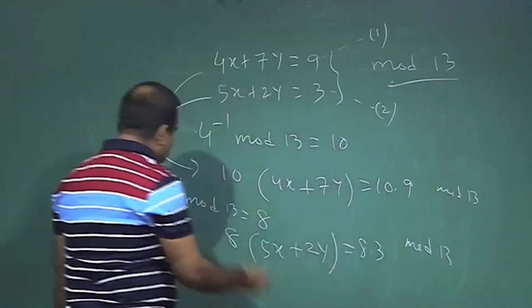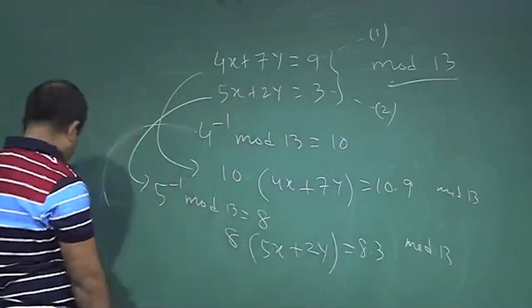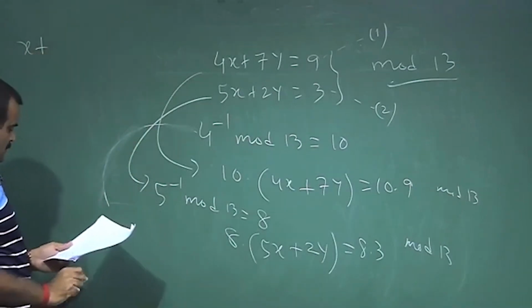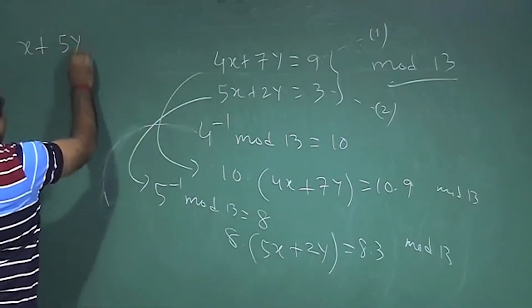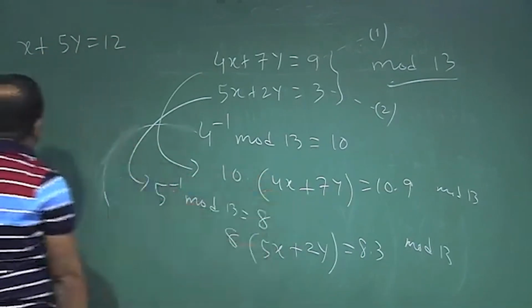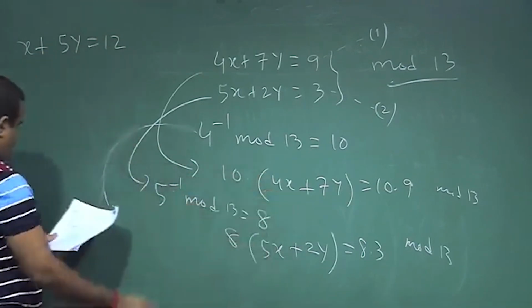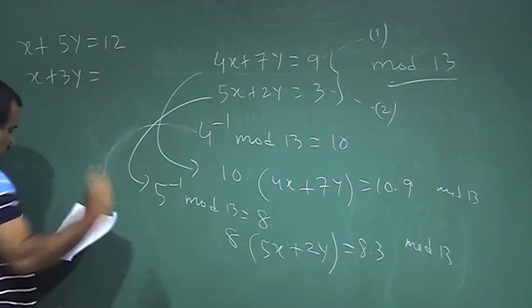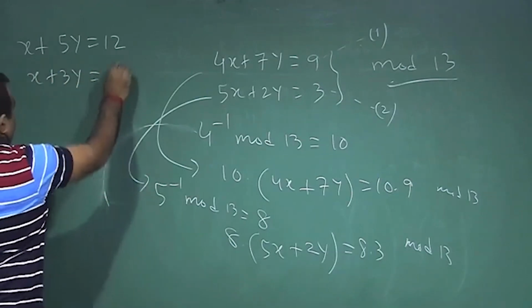If we multiply this out, we get two equations: x plus 5y equal to 12, coming from the first equation, and x plus 3y equal to 11 from the second.